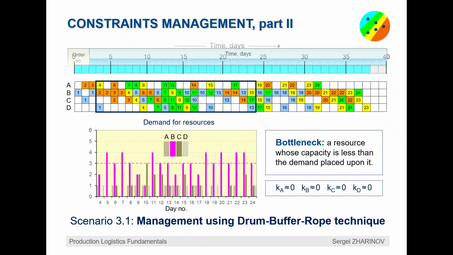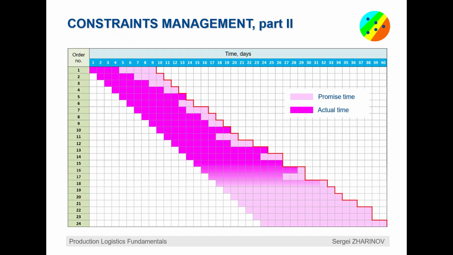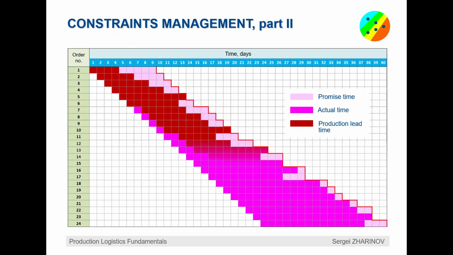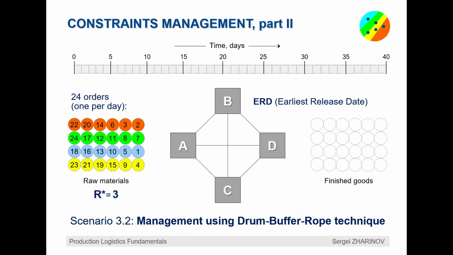Moreover, with the same 9-day upper limit for production lead time, the whole orders execution picture also looks pretty much the same. If we now set the rope length to 3 days instead of 4, the system will work as follows.